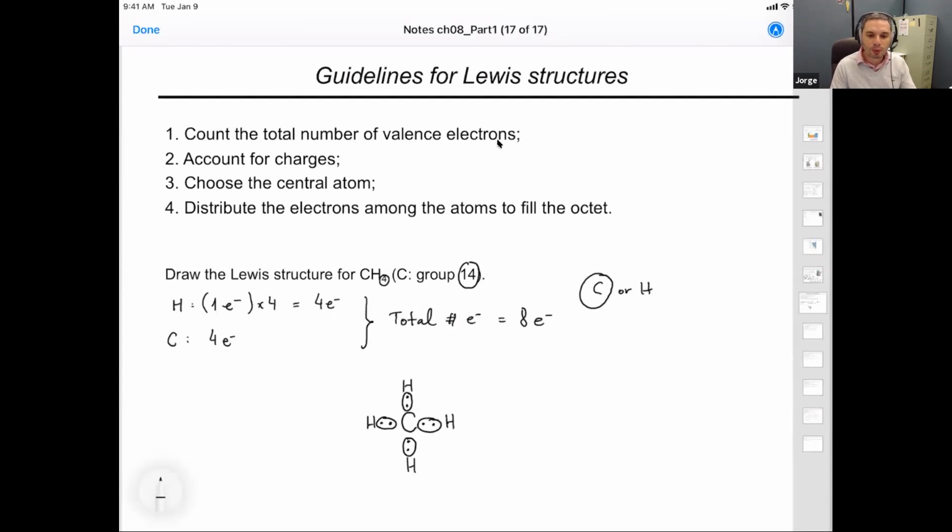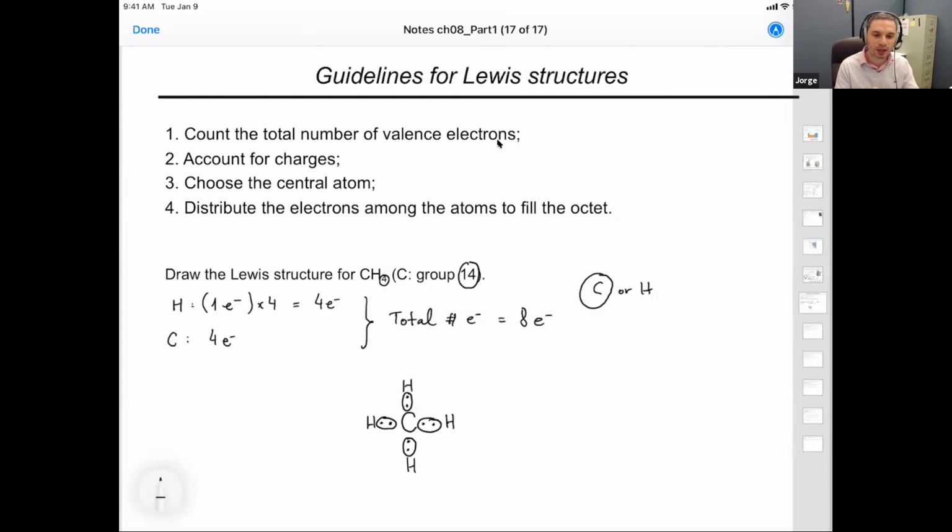And now what we do is count the electrons for each atom and verify that the octet rule was obeyed. Or for hydrogen, the duet rule was obeyed.